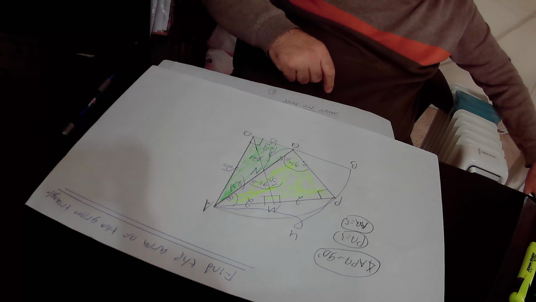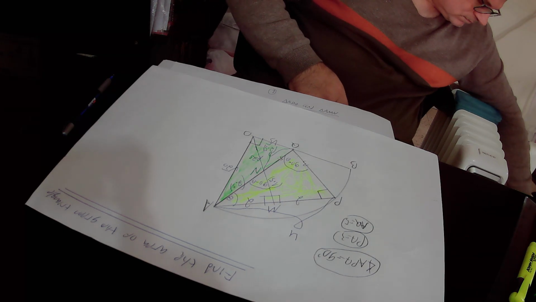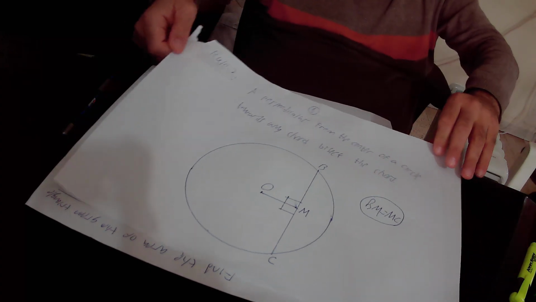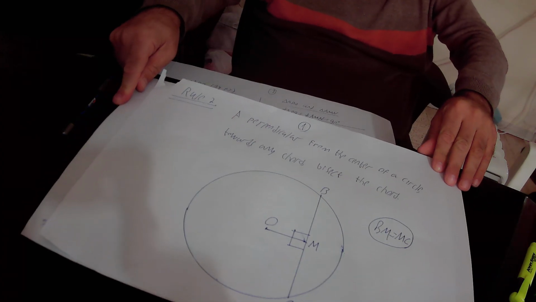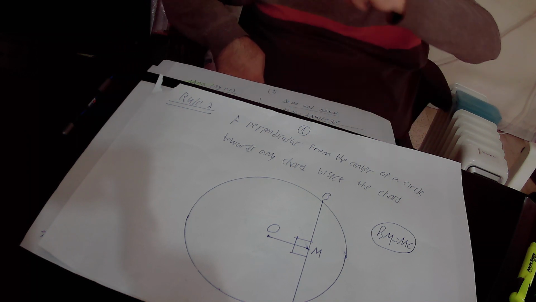I repeat again, rule number 4. A perpendicular from the center of a circle towards any chord bisects the chord.